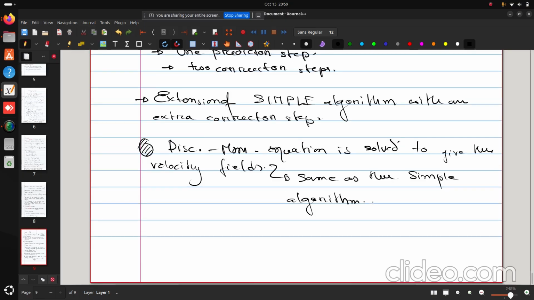Okay, now there are corrector steps. There are two corrector steps. Let me just give you the whole flow chart for the PISO algorithm.